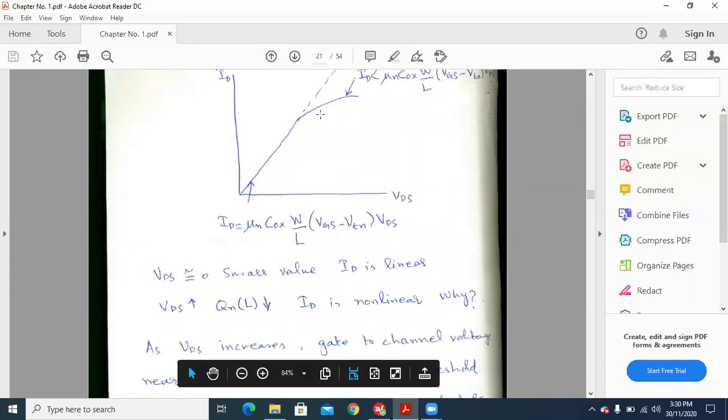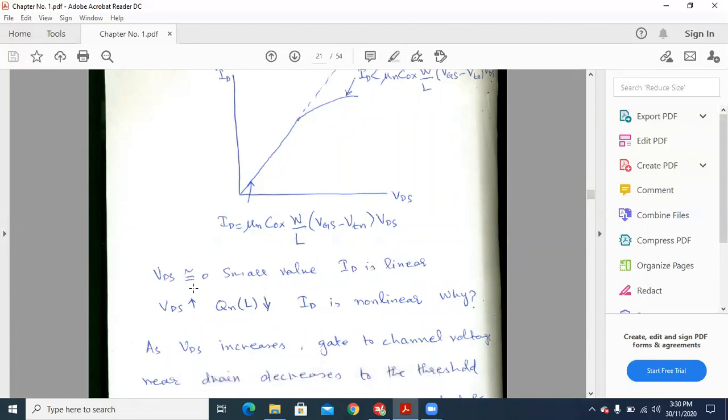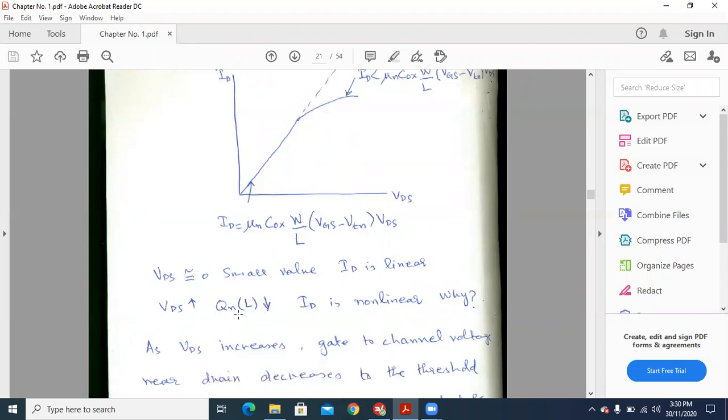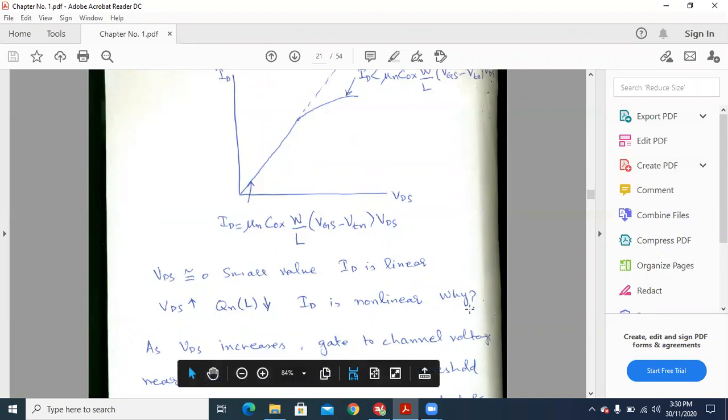Because for a small value of VDS, ID is linear, but when the value of VDS is greater, the charge carrier concentration near the drain decreases and ID becomes non-linear.